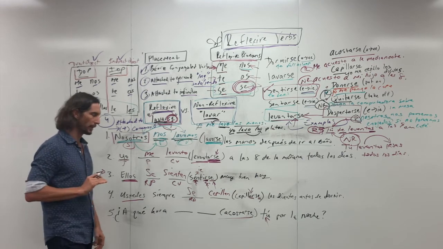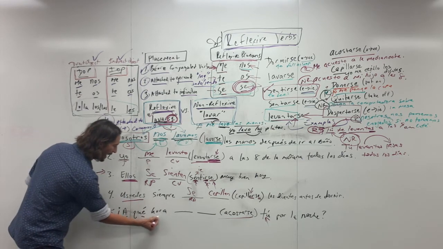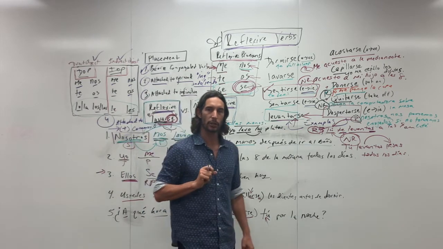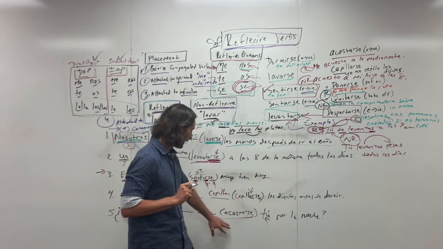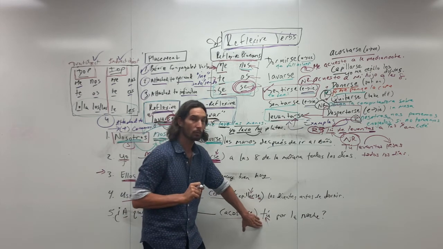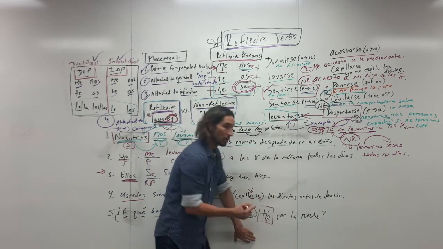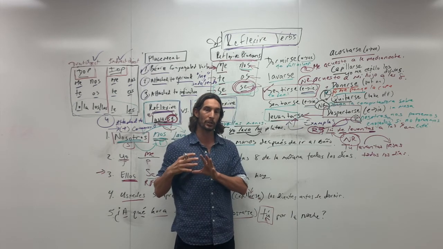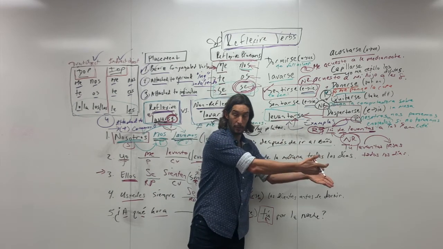So número 5, I wanted to mix it up a little bit. I'm making a question here. And so we have a qué hora. So now I'm asking a question. So a qué hora, and then acostarse tú, that's our subject, right? Notice that it's back here because when we ask a question and we want to use a subject pronoun, we put it behind the verb, right?